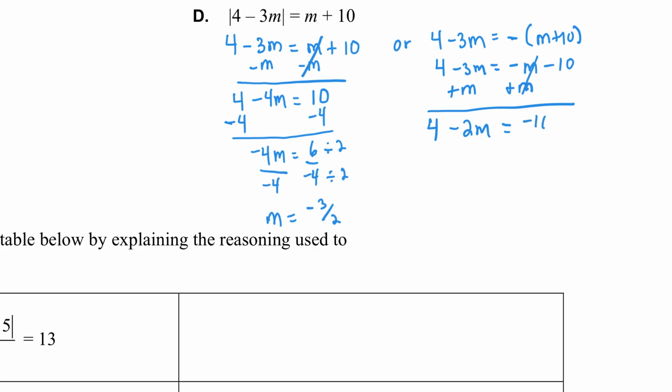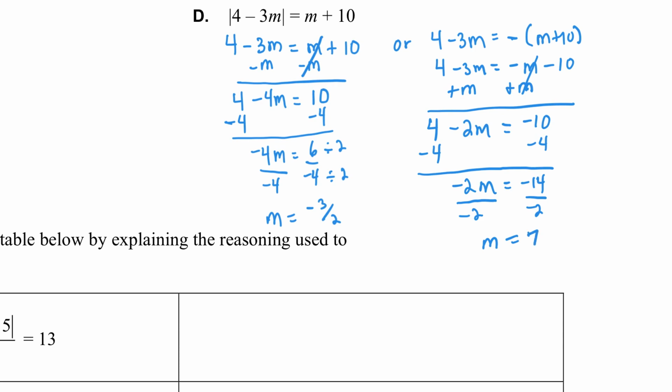You're left with negative 10. You subtract 4 from both sides, since we want m by itself, so we have negative 2m is equal to negative 14. Divide by negative 2. So m is equal to 7.